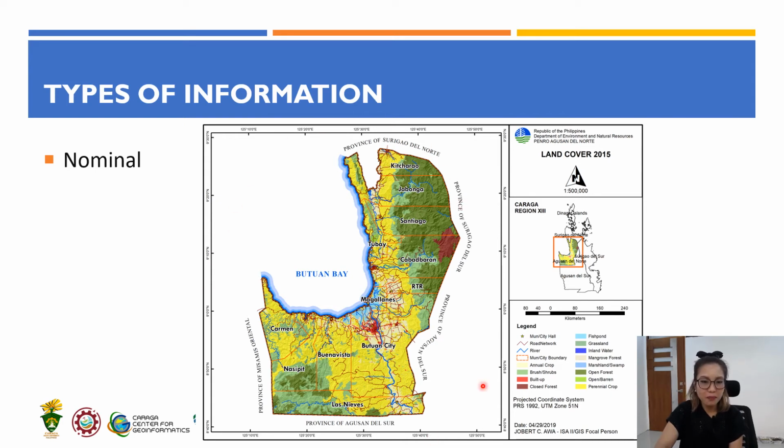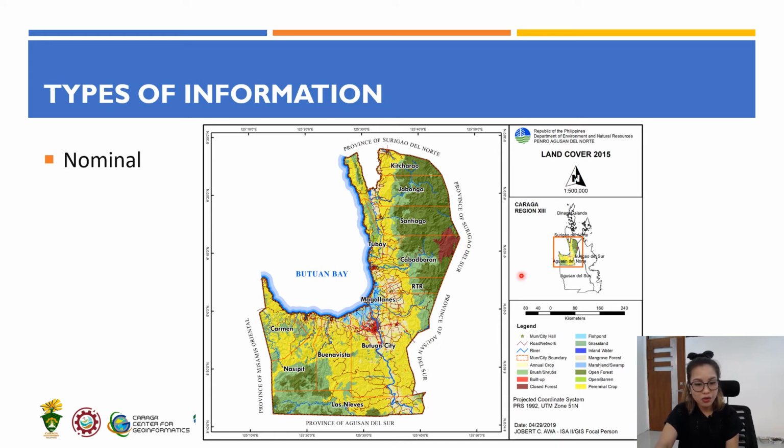The whole map is delineated in municipal boundaries, and that is the municipality boundary. So you can see the label of Butuan City. These are the names, the labels. We don't need to put that in the legend because clearly we can see here that, okay, this boundary belongs to Kitcharao, this one is Santiago, and so on.